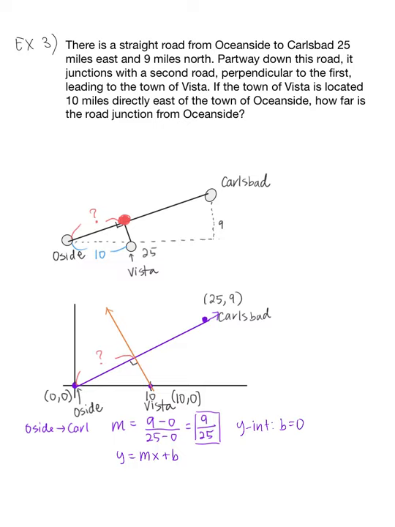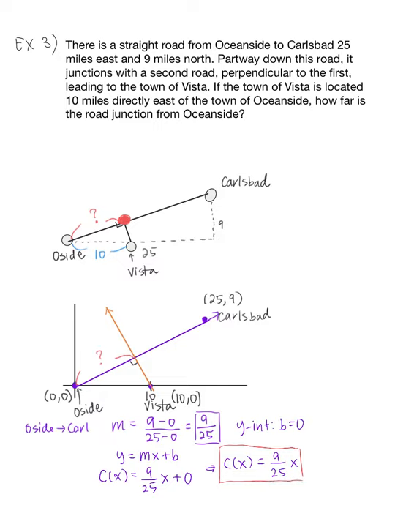For the Oceanside to Carlsbad line, let me call it c of x, equals 9 over 25 x, plus 0. So simply, the equation of the Oceanside to Carlsbad line is denoted by c of x equals 9 over 25 x. Let me box this.